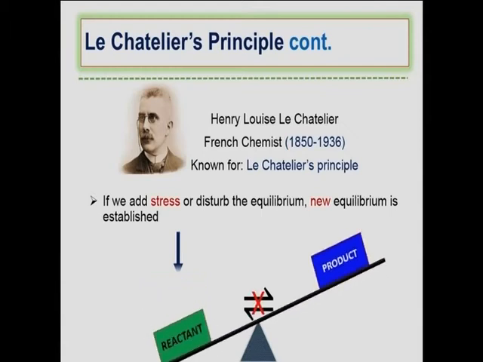The equilibrium is stressed, and the system will overcome the stress by shifting the equilibrium in the forward direction, or it can also be the backward direction if you have added the product instead of the reactants.